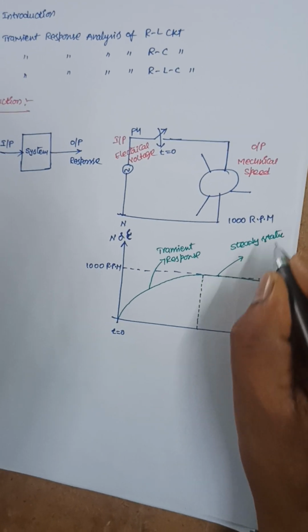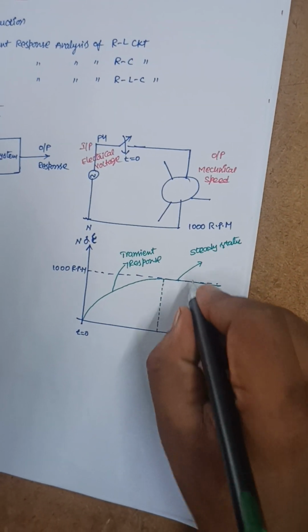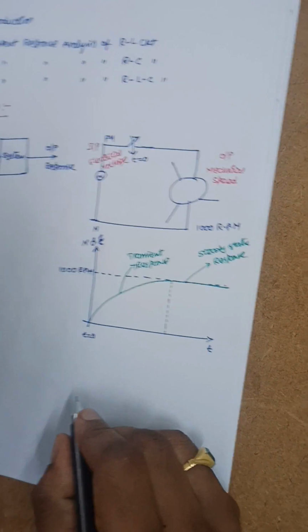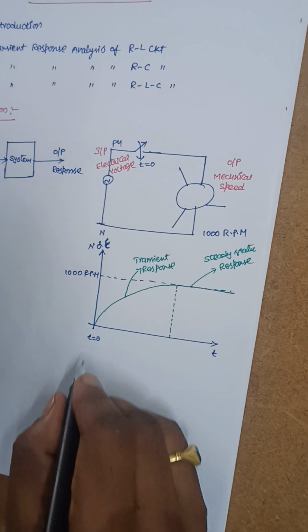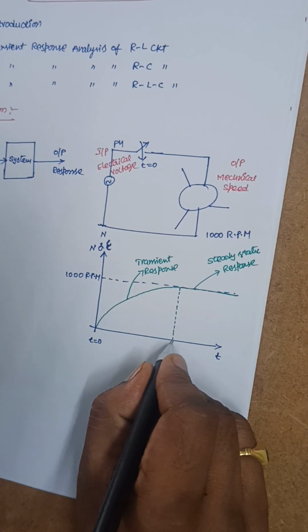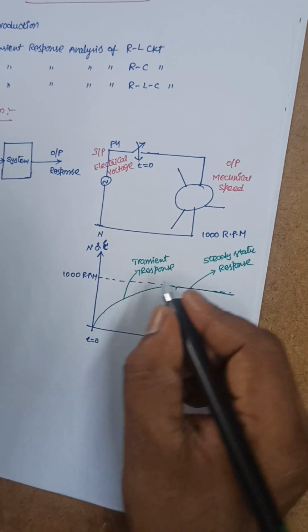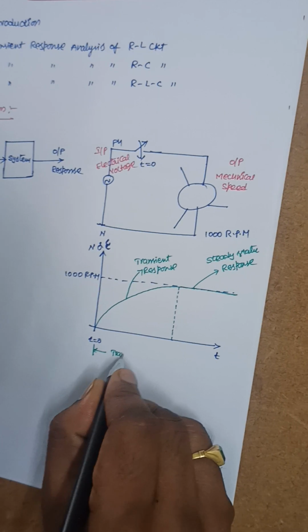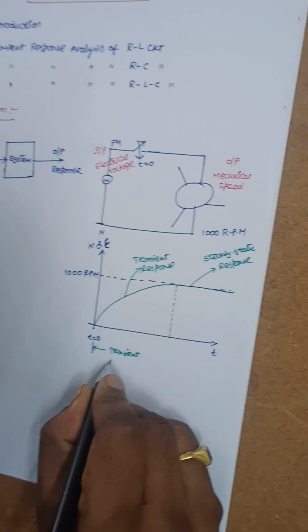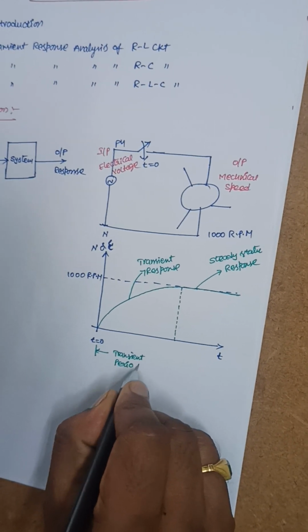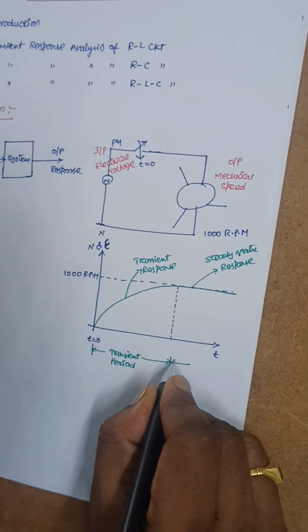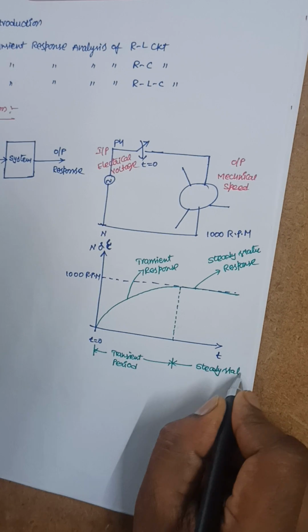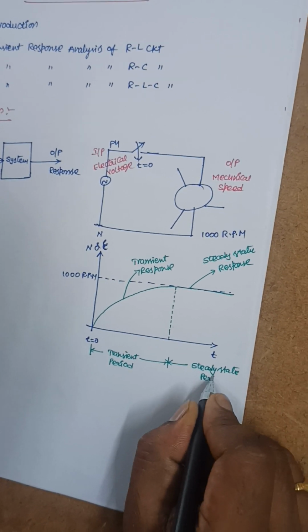And the period during which the transient response exists is nothing but the transient period. This is called the steady state period.